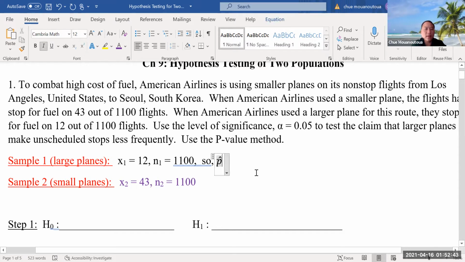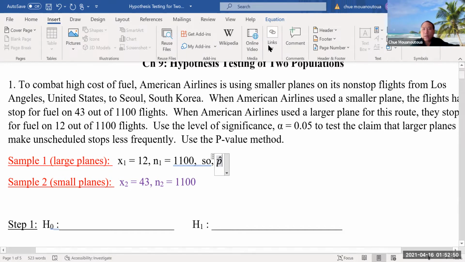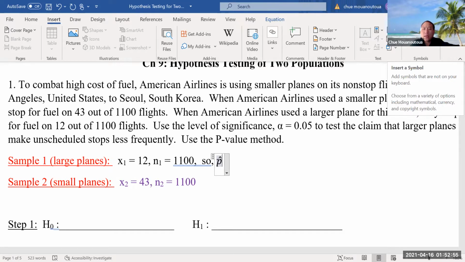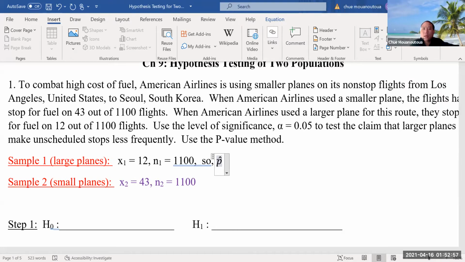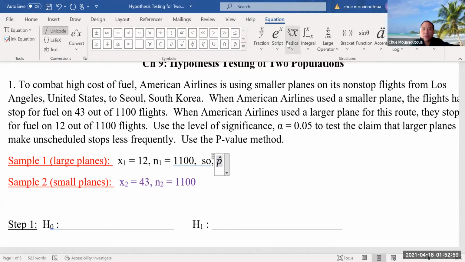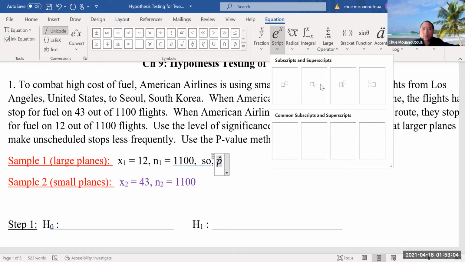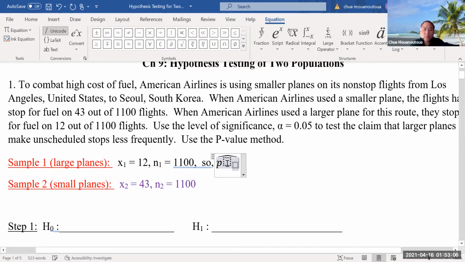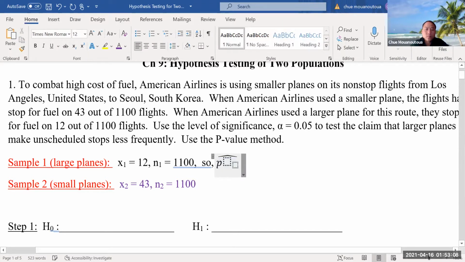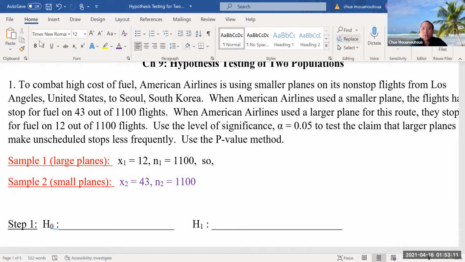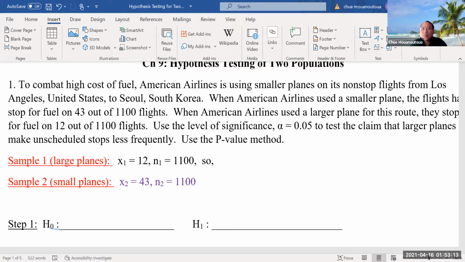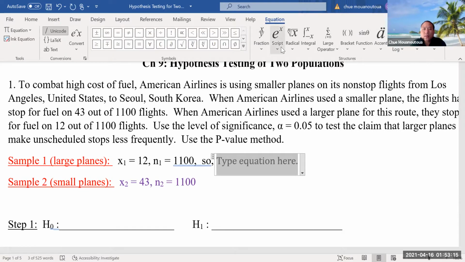Yeah, so again, I'm going to say now that it is a p hat, but because this is my first sample, I'm also going to put a subscript here. Let me put a subscript first.